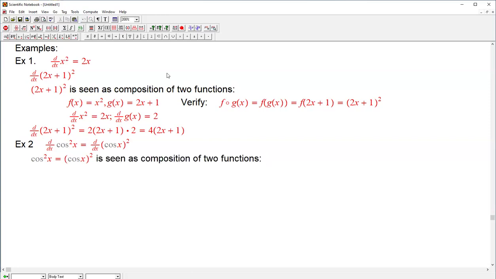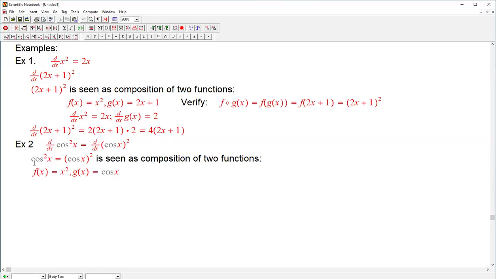And what are they? One of them is f of x equals x squared, and the other function is g. g is, of course, cosine x.